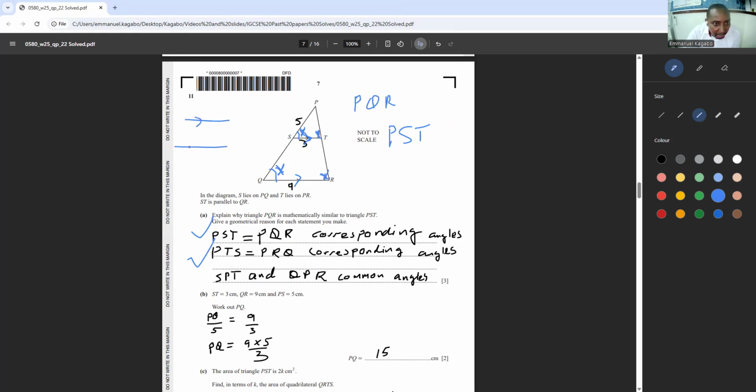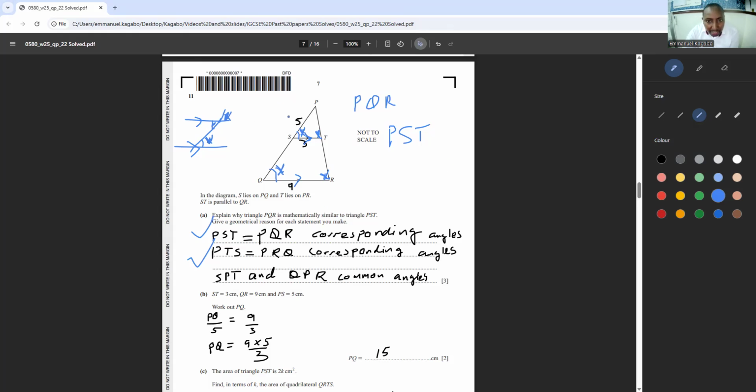If this line is parallel to that, and then I have a line like that, this angle here is alternate to that, but this one here is going to be equal to this by using corresponding angles, right? And this one is vertically opposite to that, and that also gives you that. Those are the angle properties we are talking about here.